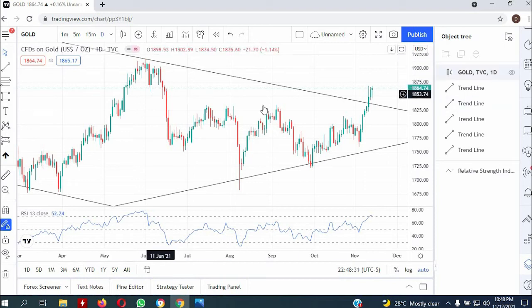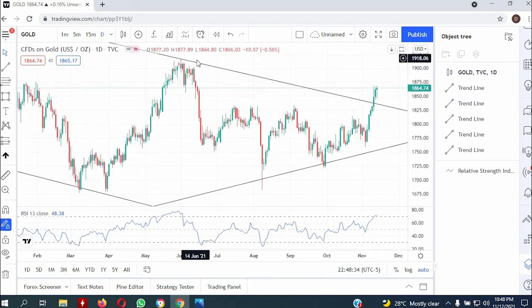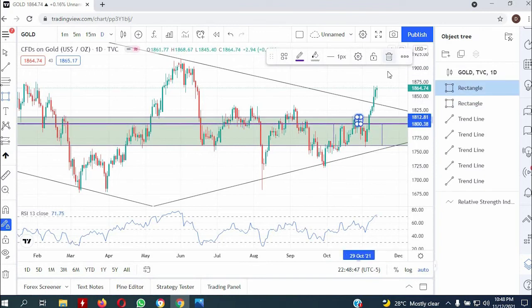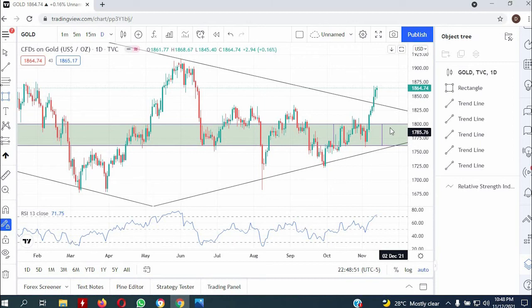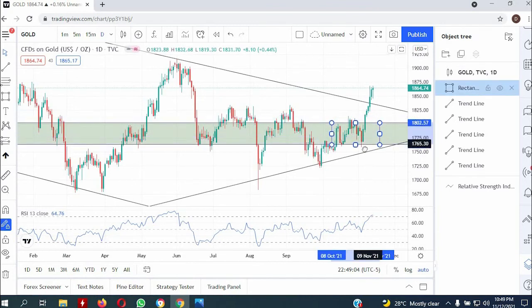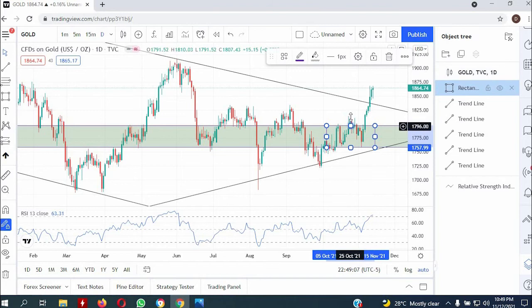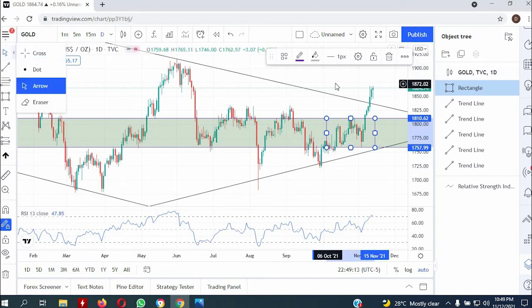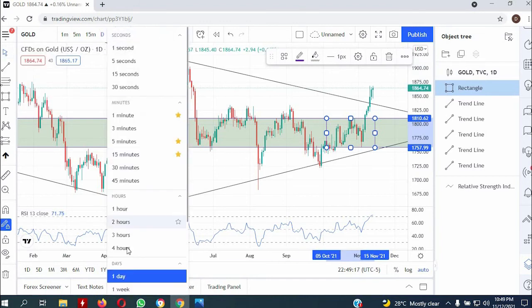So if the gold fails to break through this area right here, then the gold will push down and come back in this area for support. Let me go down to the 4-hour time frame and see what's going on.